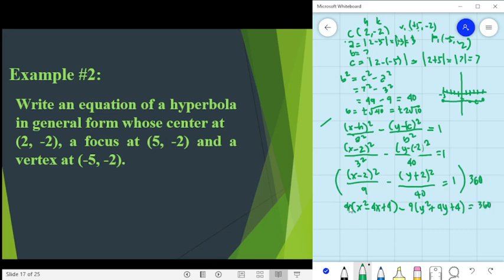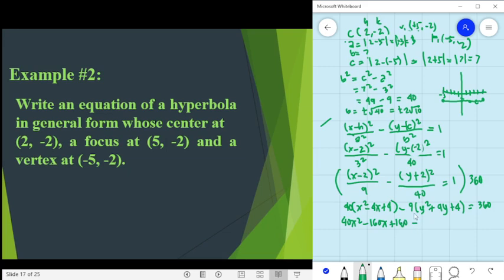Okay, so simplifying by distributing the number outside of the quantity to each term inside the quantity. We have 40 times x squared is 40x squared. 40 times negative 4x is negative 160x. 40 times positive 4 is equal to positive 160.